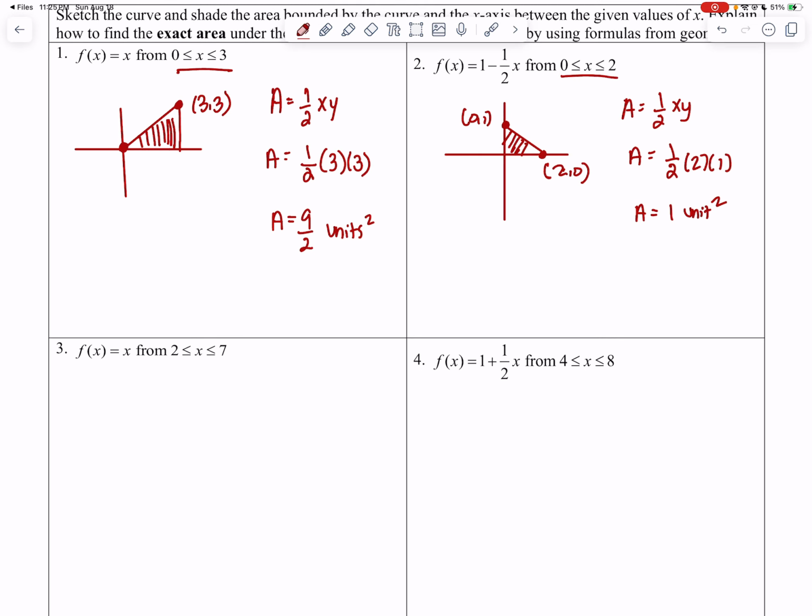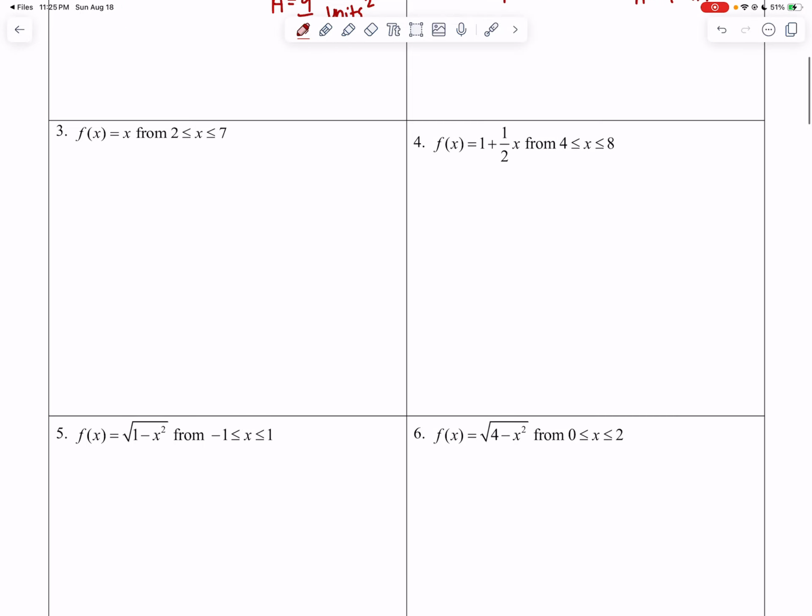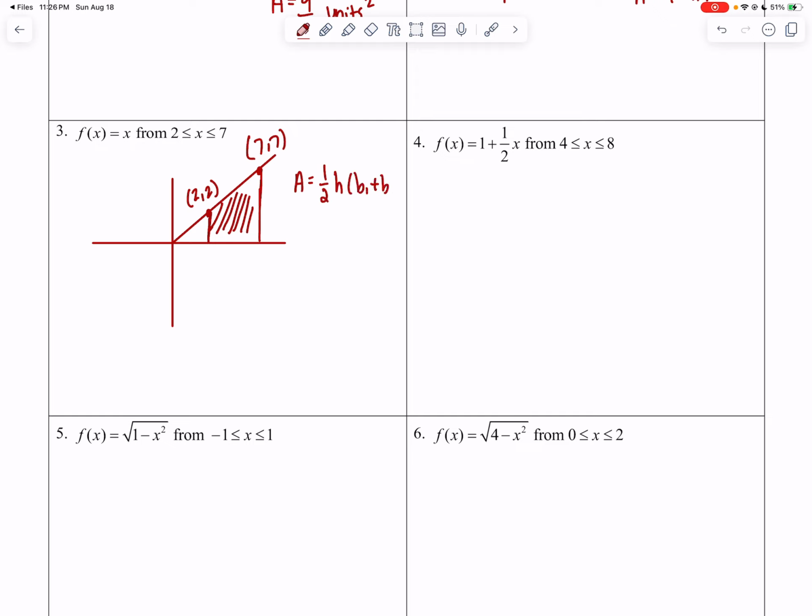All right, so looking at number 3 now, let's say that I have the same thing as number 1, except I have 2 to 7. So let's say that I have (2, 2) right here, and I have (7, 7) right here. Well, I'm only going from (2, 2) to (7, 7). And if you look at this, notice how it's a trapezoid. So I'm going to have my area being 1/2 height, and then my 2 bases.